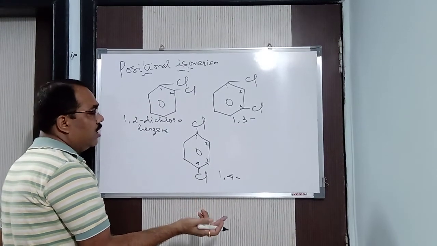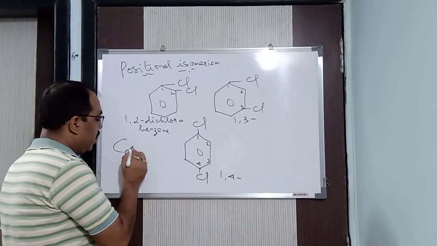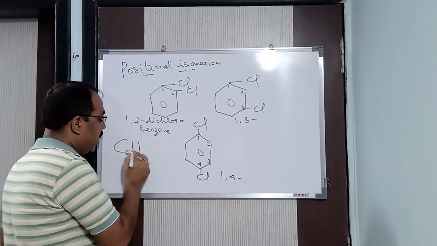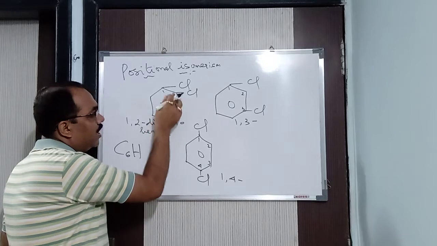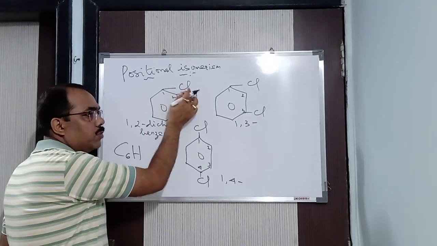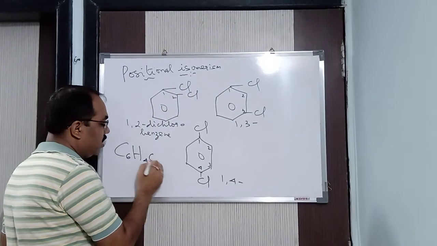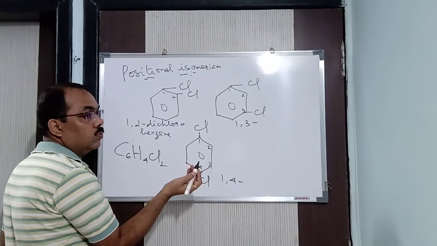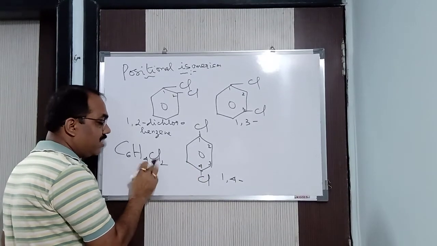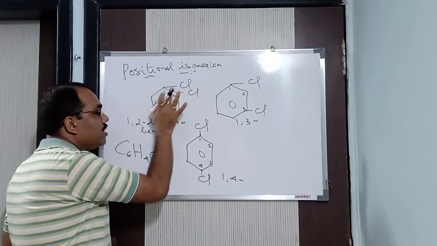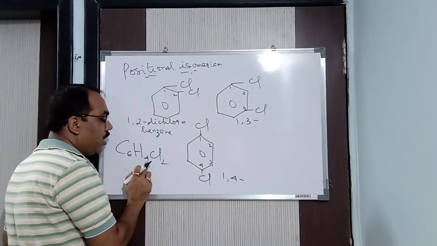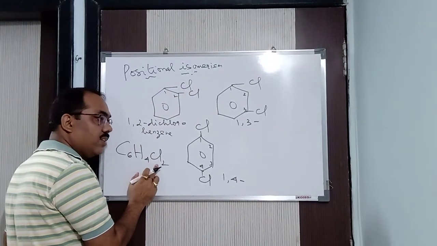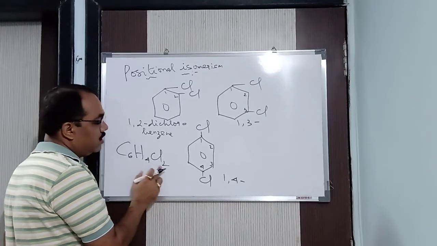The molecular formula will be how much? C6, 6 carbon atoms are there. If it is benzene, C6H6. But I have removed 2 hydrogen and in place of that I have put 2 chlorine. So it will be C6H4Cl2. It should be C6H6 if it is benzene, but it is 1,2-dichlorobenzene, so I need to remove 2 hydrogen and put 2 chlorine. Hence it is C6H4Cl2.